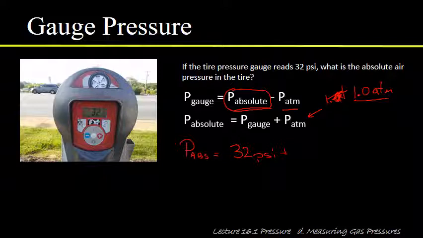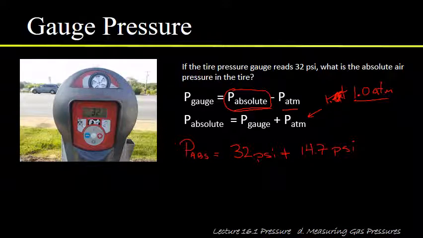We can't add those two things together. We have to do a little unit conversion, and I hope you remember from previous lecture that 1 atmosphere is 14.7 psi.